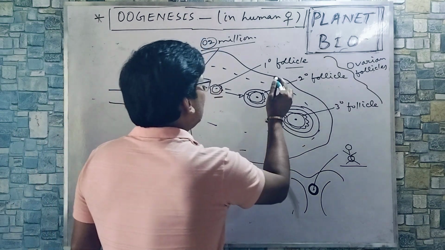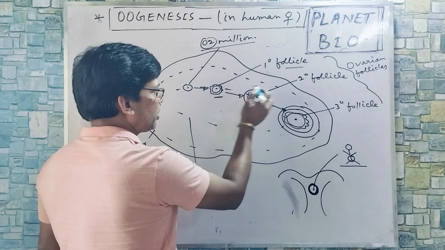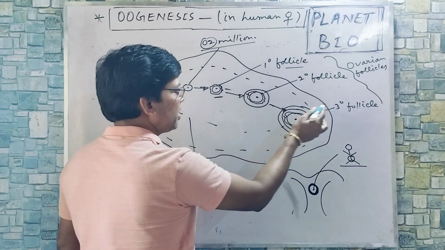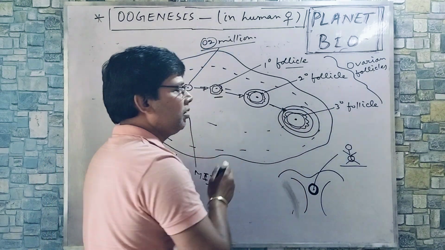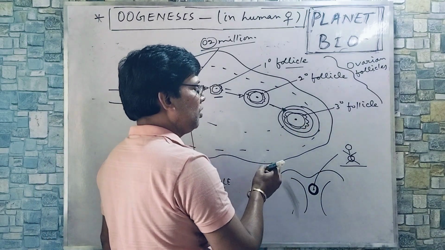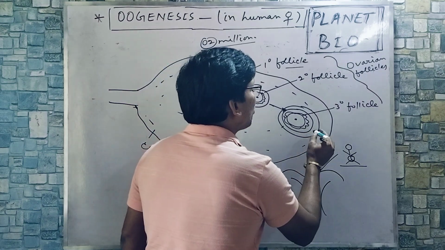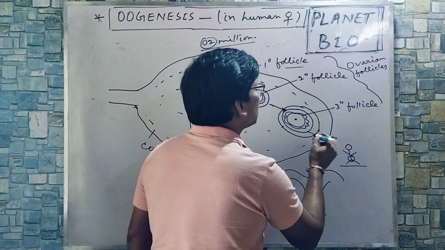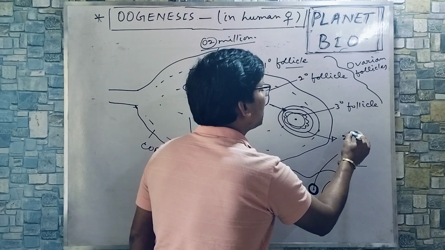Now, inside primary follicle, primary oocyte, inside secondary follicle, primary oocyte, inside tertiary follicle, primary oocyte. This primary oocyte is getting developed, and at this stage it further develops to form secondary oocyte.